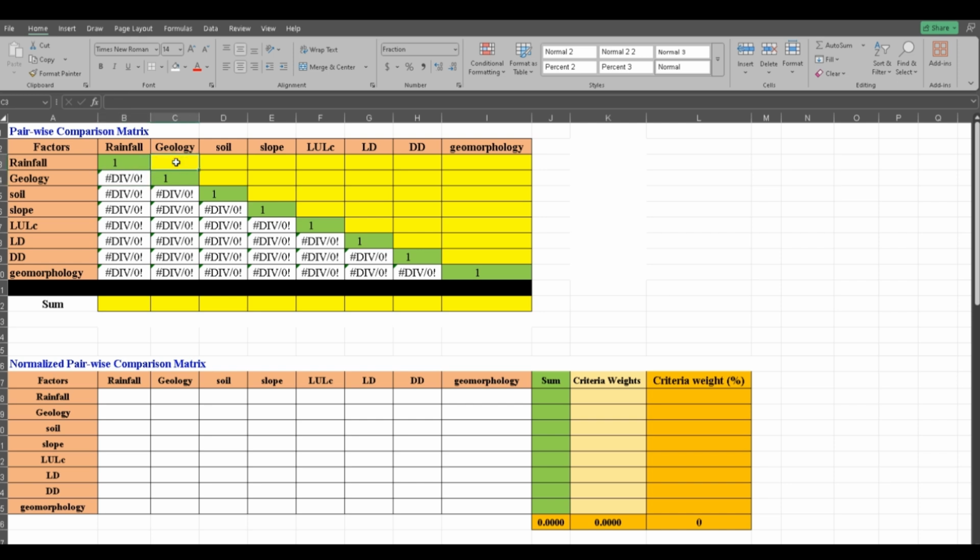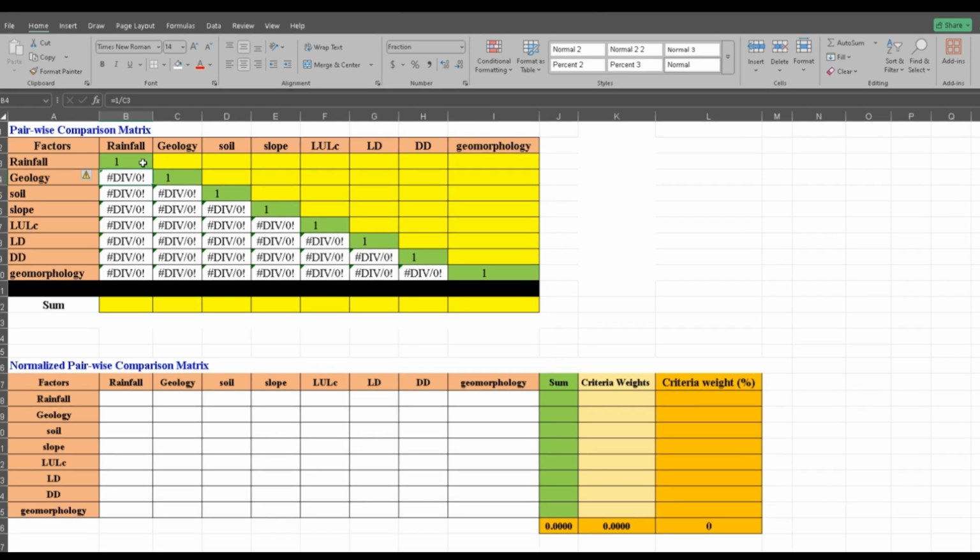That means for rainfall versus geology, we'll fill here and assign a Saaty scale value, and this value is equal to the reciprocal of this value. That means geology versus rainfall and rainfall versus geology are the reciprocal of each other.